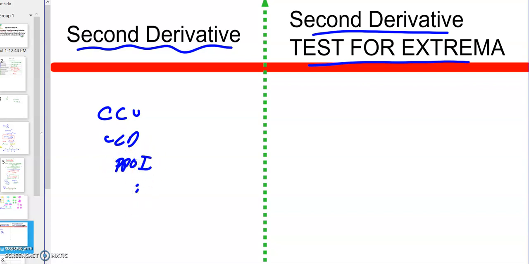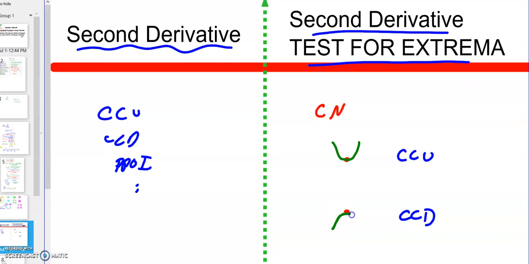Second derivative test for extrema, you should think, if I have a critical number and my function is concave up or concave down, that helps me classify those critical numbers. If your function is concave up at a critical number, that critical number is a min.